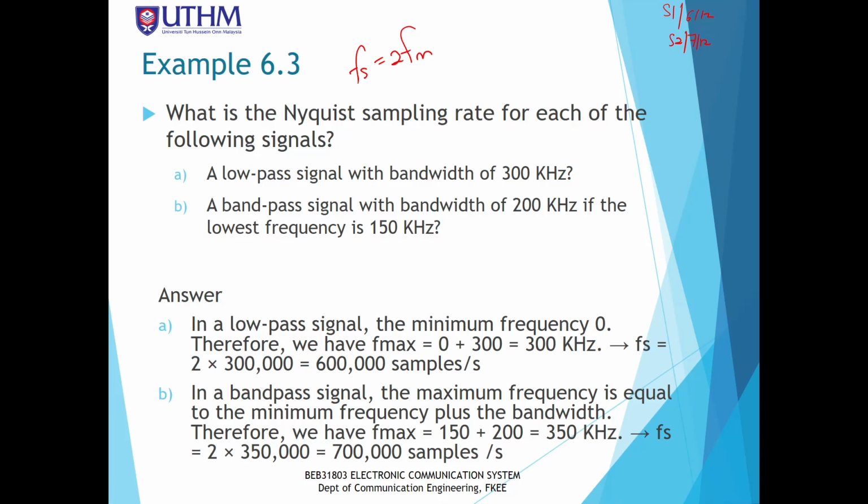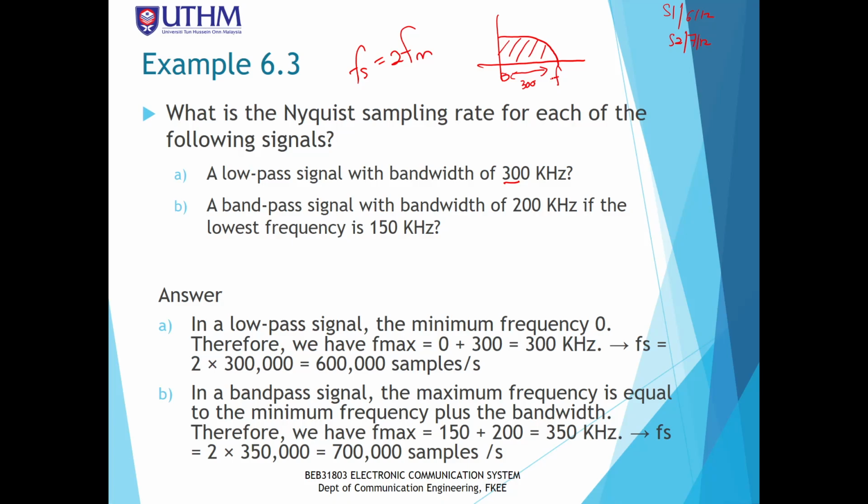Okay, a low pass signal means that like this, starting from 0. So this is a low pass signal from 0 until f. Okay, with a bandwidth of 300. So that means over here the distance is 300 kilohertz. So that means f here is 300.